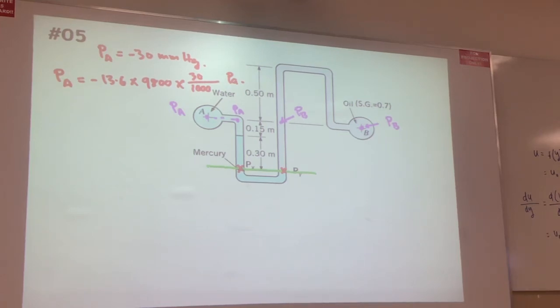Then this is water, right? So what is the value of Px? Tell me.